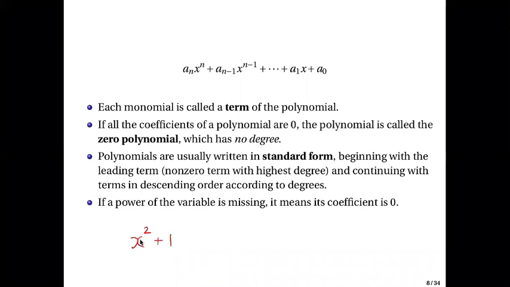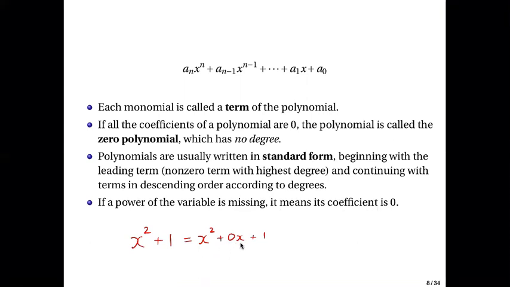It's missing in this. But that also means you have here x squared plus 0 times x raised to power 1 plus 1. Remember, this guy here, it's just 0. So if the power of the variable is missing, it means its coefficient is 0.